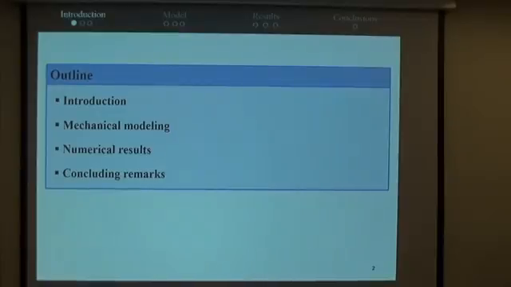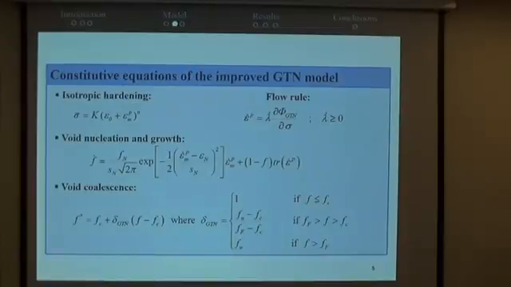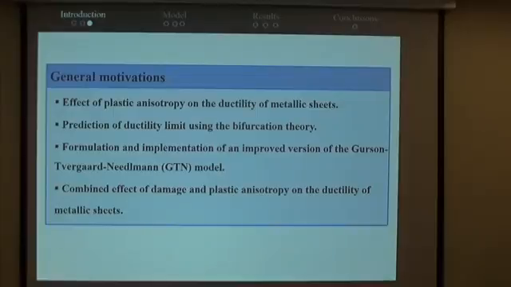So the main objective of this work is to study the effect of plastic anisotropy on the ductility limit of thin metallic sheets. This effect has been widely studied by using the Marciniak-Kozinski approach, for example.